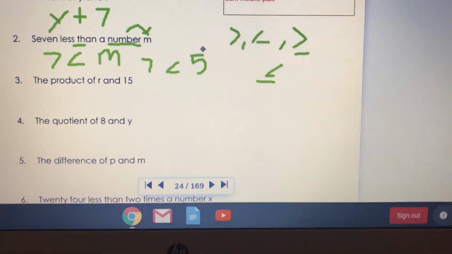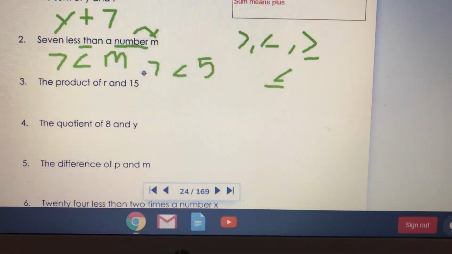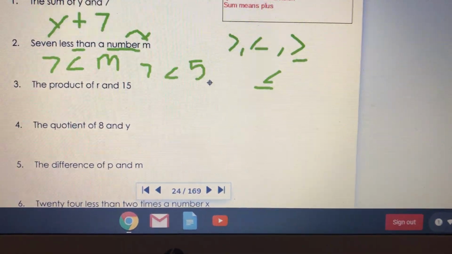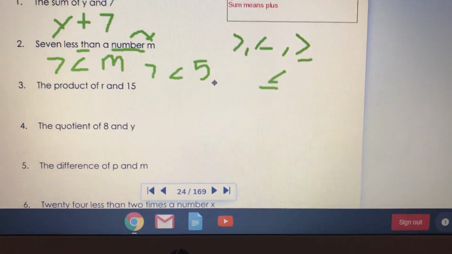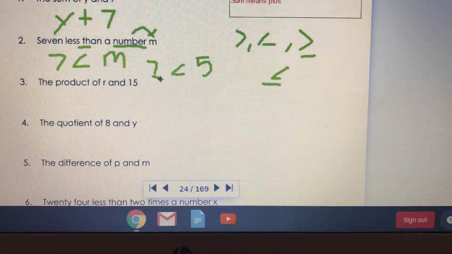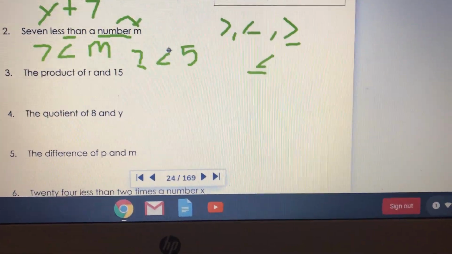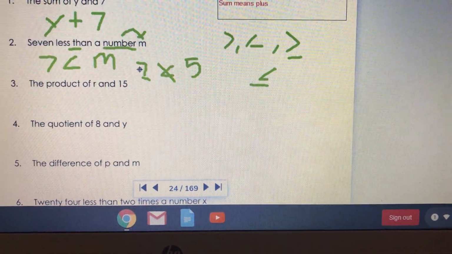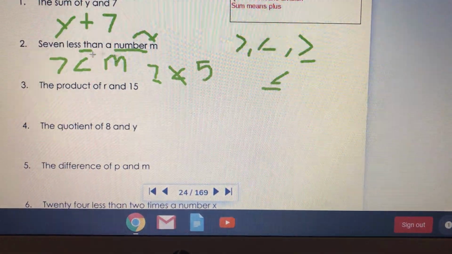Okay, that looks like a 5. So if we were to plug in 5, 7 is less than 5. That is wrong. Why? Because 7 is bigger than 5. So we would have to change our symbol to greater than, which is this one. 7 is greater than 5.